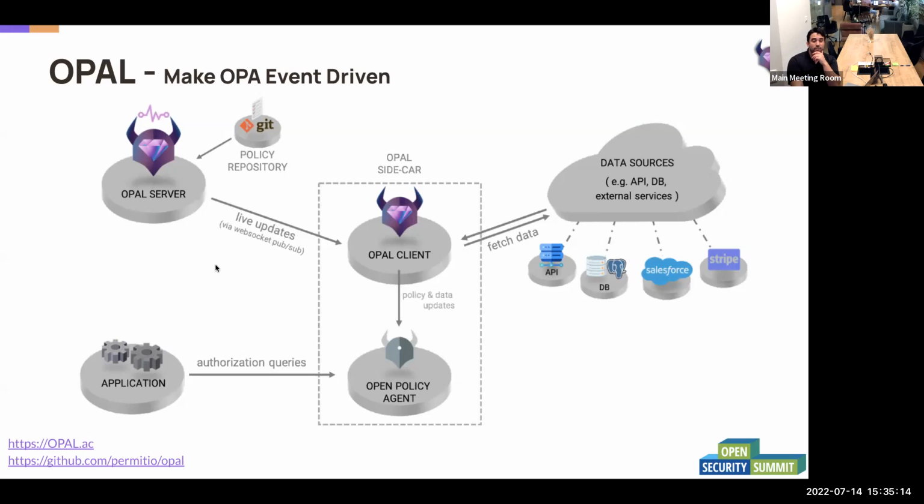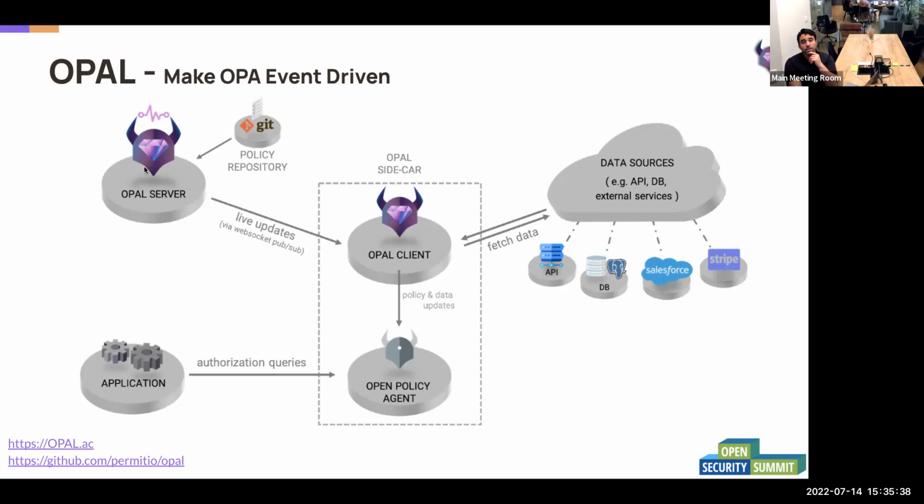So we have this client-server architecture. The server becomes our main management plane. And for those of you that are familiar with XACML terms, the OPAL server is our policy administration point, our PAP, and the OPAL client and OPAL agent are our PDP, policy decision point, together.